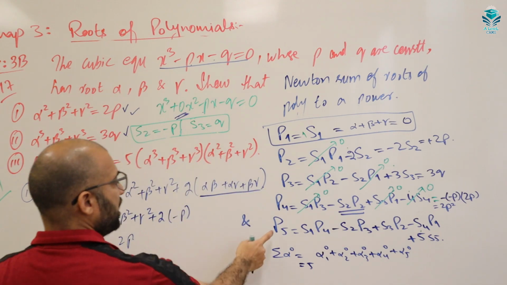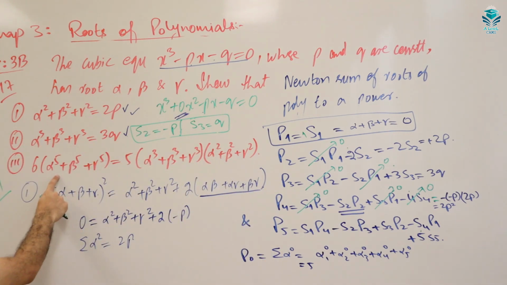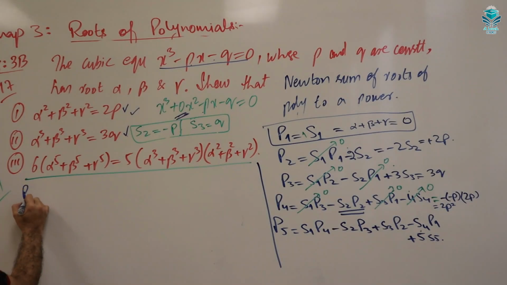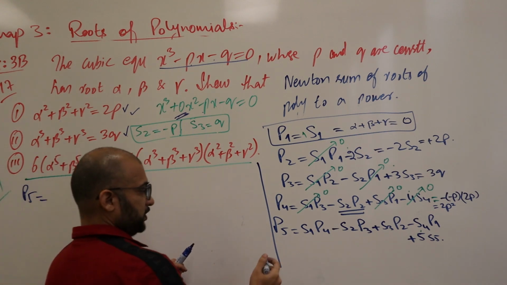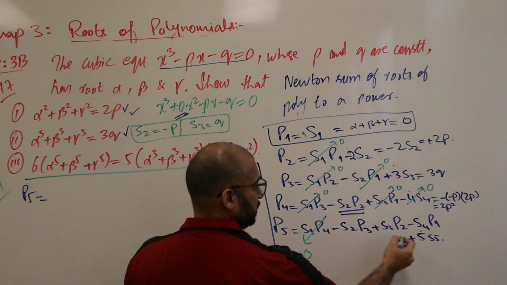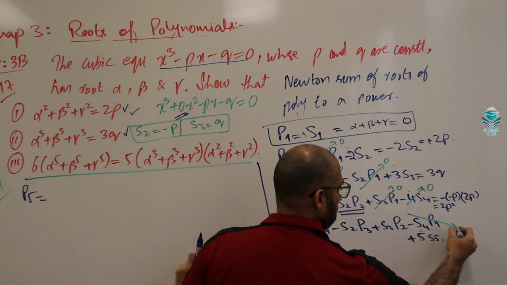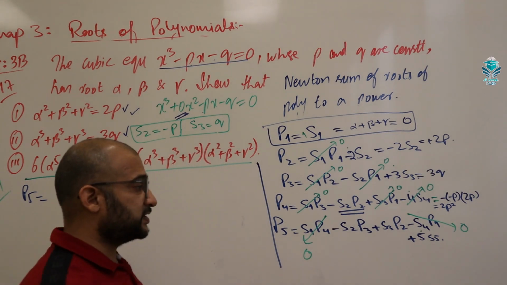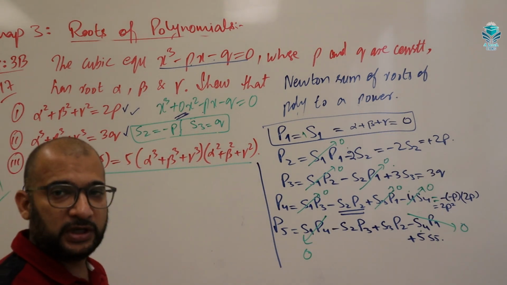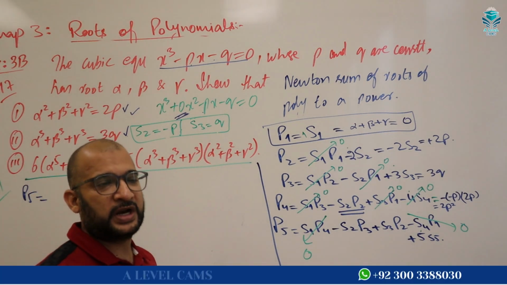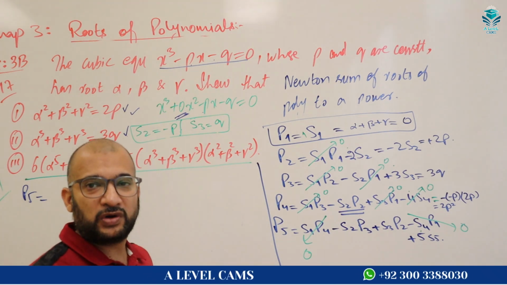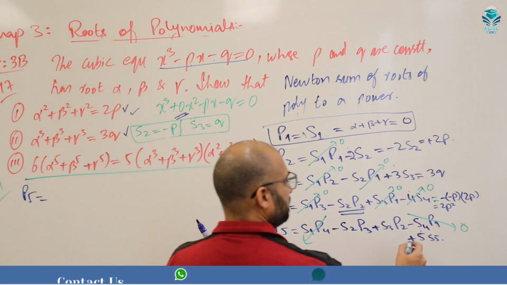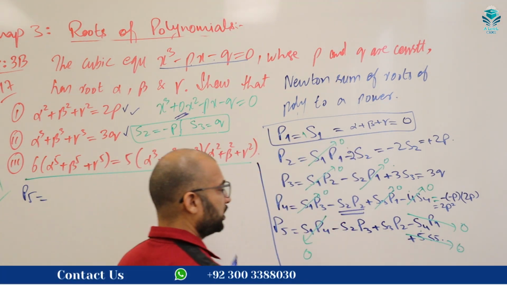Understand? Now we have P5, which is what we require. So students, for P5, S1 is 0, P1 is 0, and S5 is also 0 because we have 3 roots, the other 2 roots are 0. S5 is the product of all 5 roots, one is 0, so S5 is also 0. What will we have?